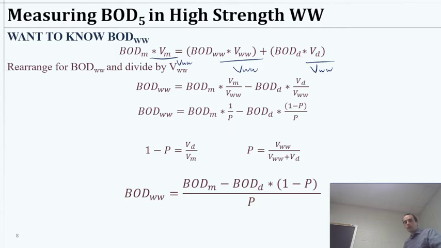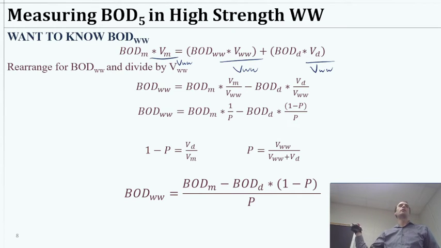All right, so that gives us an equation. All told, and this is probably why they decided to stick with just P, because it does simplify nicely. The 1 over P is here and here. So all told, we have BOD of the wastewater is equal to the BOD of the mixture minus the BOD of the dilution, times 1 minus P. So 1 minus P, conceptually, is 1 minus the fraction that is the wastewater.